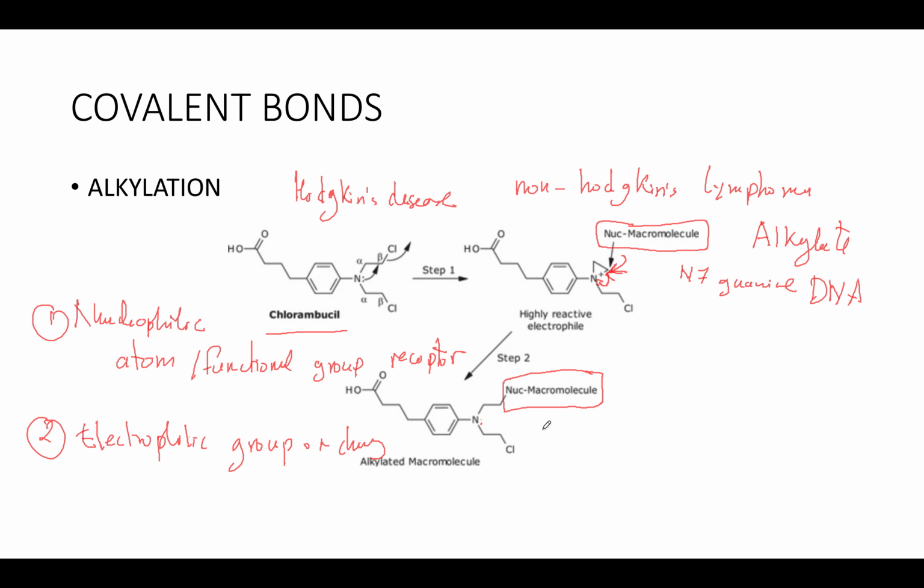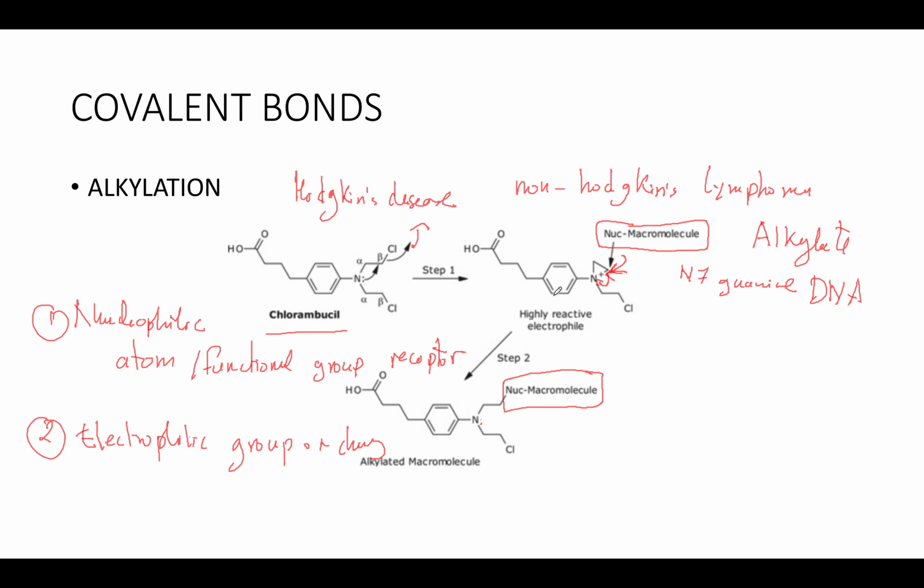Okay, so when you have a nucleophilic attack of the lone pair of electrons present on the tertiary amine on the beta carbon, it's going to cause the chloro group to be released.